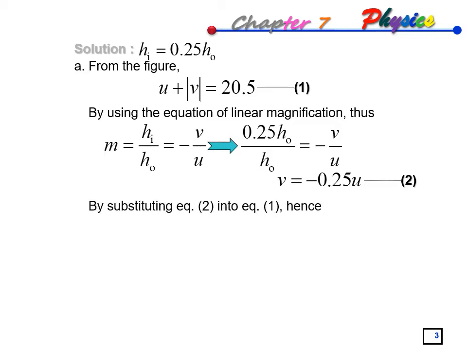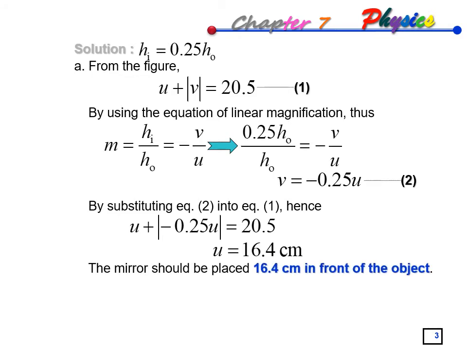Replace into equation 1, and the final answer will be 16.4 centimeter. So this will be the object distance. That means the mirror should be placed 16.4 cm from the object.